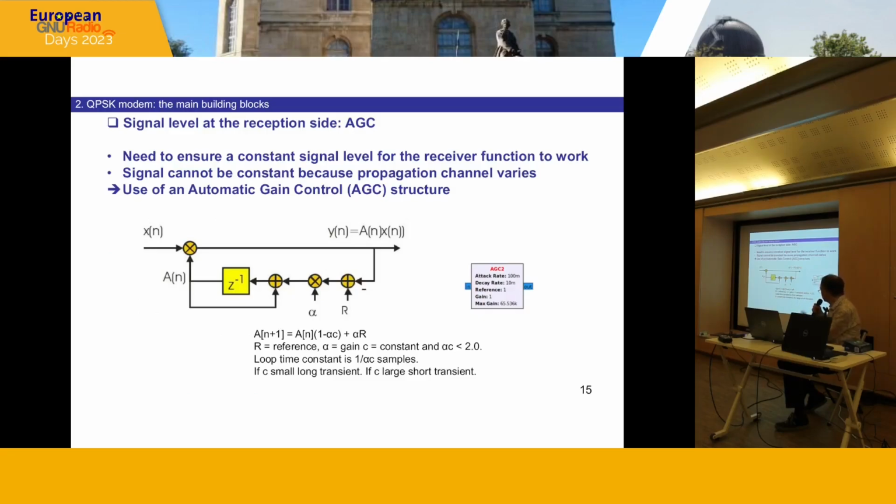If alpha is small, you've got a long transient, and if alpha is large, you're going to have a short transient. The block you find in GNU Radio is the AGC2, which works quite well and is a bit more precise. You can really adapt the attack rate and the decay rate of your system.